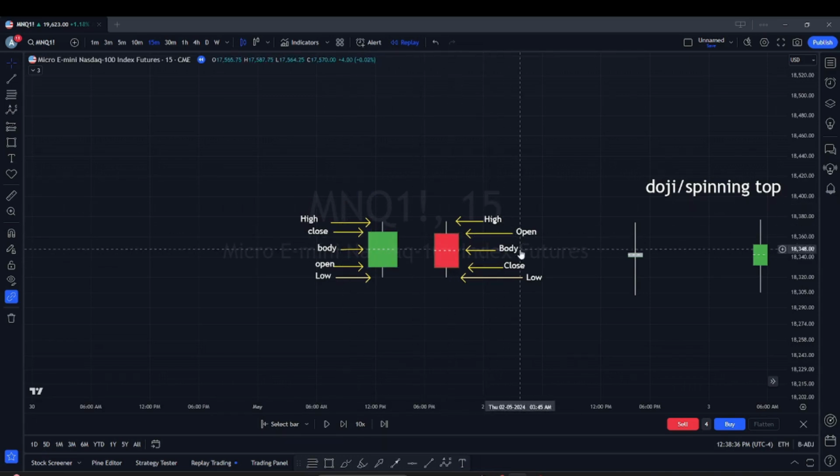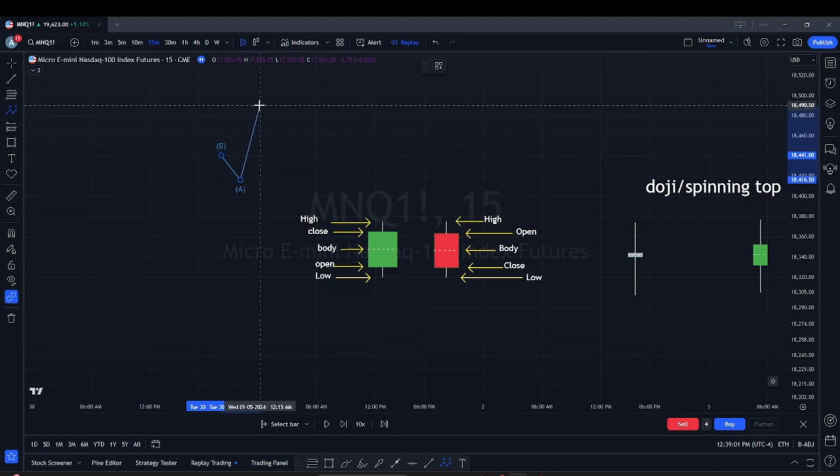Your bearish candlesticks are opposite. They will open at the top and simply close at the bottom. If you want to visually see, or draw out rather, how these candlesticks play out, generally your bullish candlesticks will open, create the bottom wick, create the high, and then close.